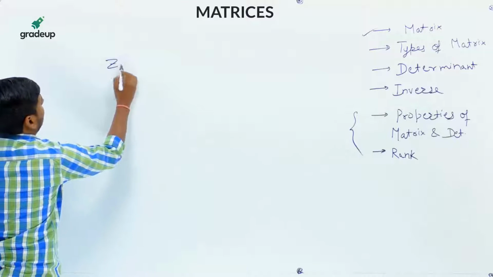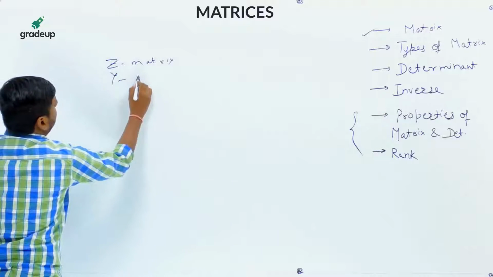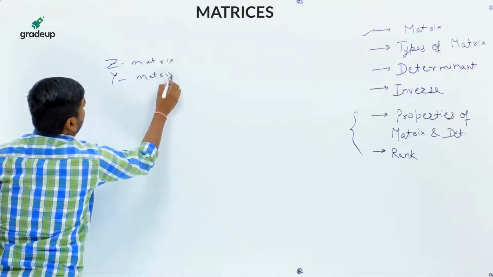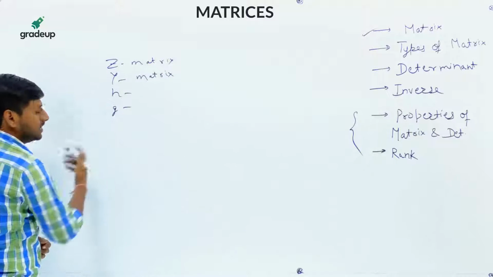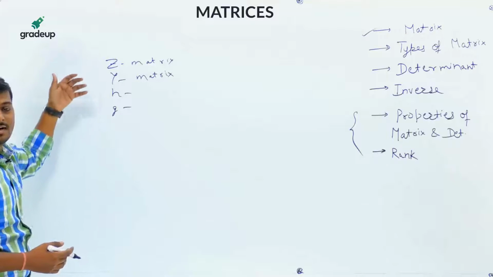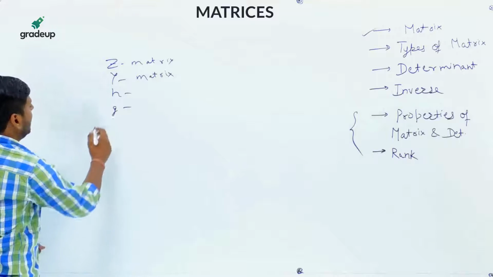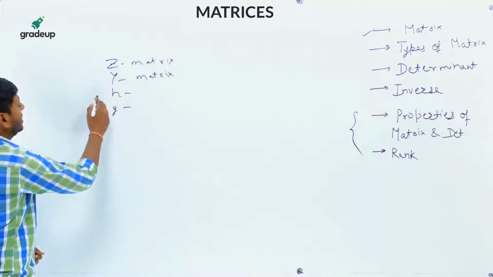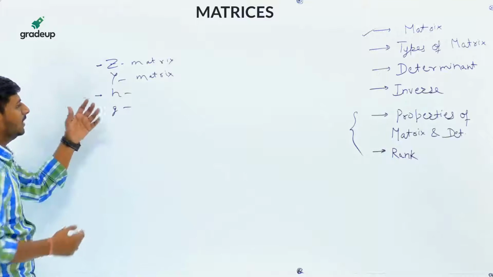That is Z matrix, Y matrix, H matrix, G matrix, and there are a total of 6 2-port networks. Each and every 2-port network is related to each other. So, for example, there is some relation between H matrix and Z matrix. Only electrical and electronics students read these topics.